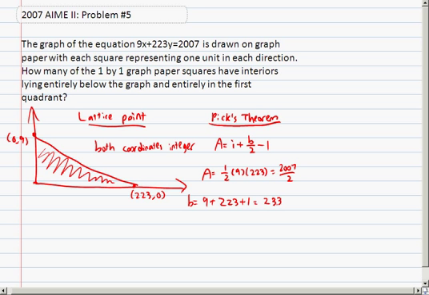So we can plug in these numbers, A and B, into the Pick's theorem formula in order to calculate lowercase I, the number of 1 by 1 graph paper squares that have interiors lying inside the triangular region. So doing that, we get 2007 over 2 equals I plus 233 over 2 minus 1.